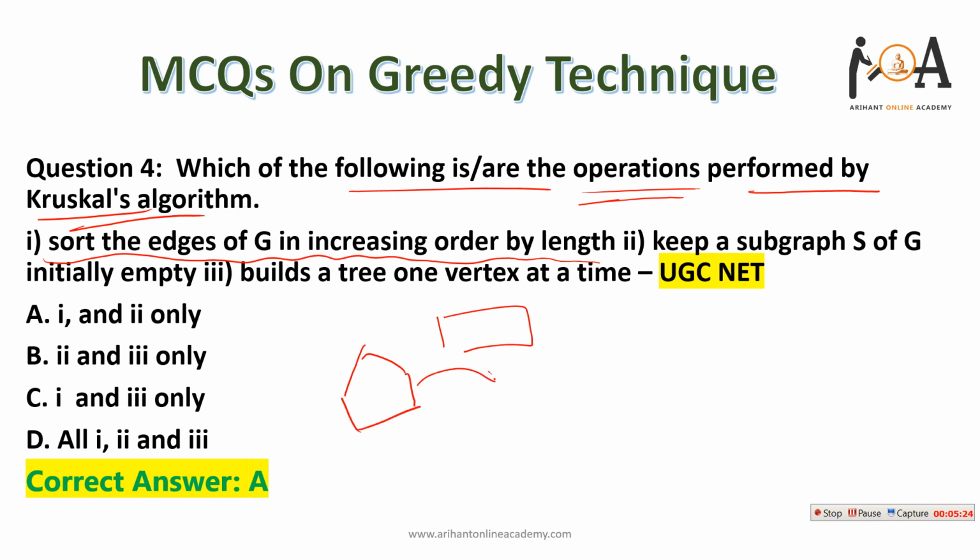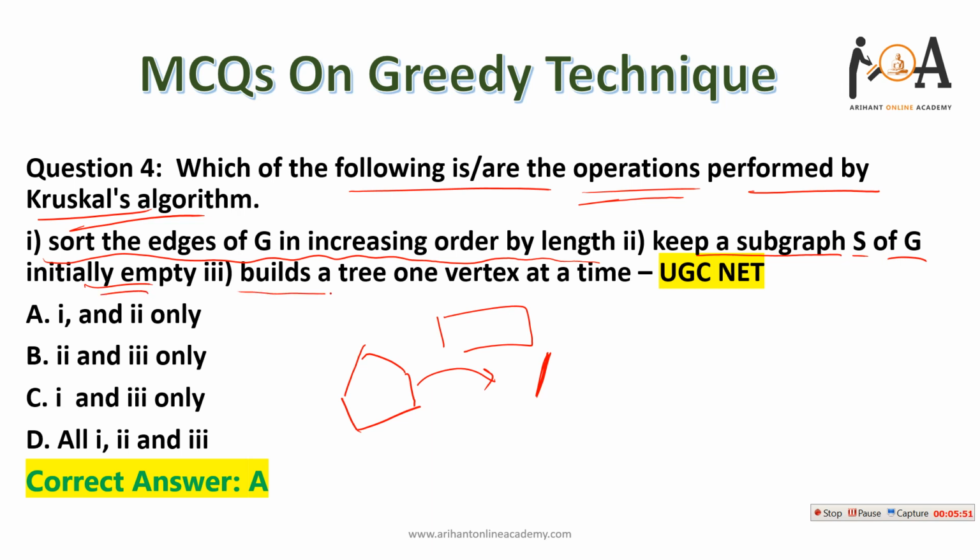Then I will sort which edge is smaller and which edge has greater weight, and on the basis of that I will keep sorting the weight of each edge in increasing order, and I will add that edge to my subgraph one by one, lowest first, and keep going until I can't get any cycle. So keep a subgraph S of graph G initially empty, it is also correct.